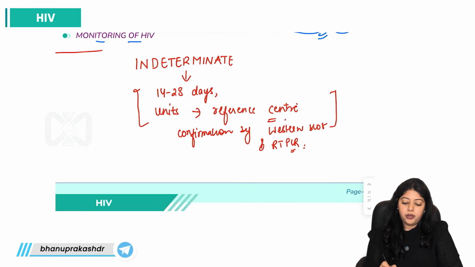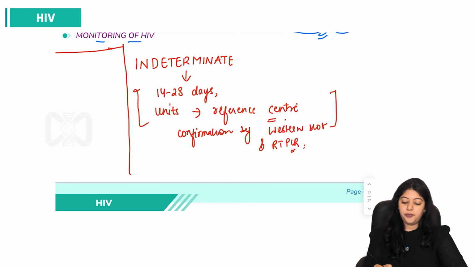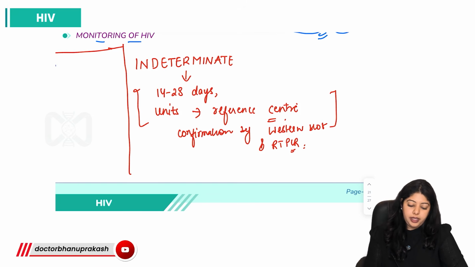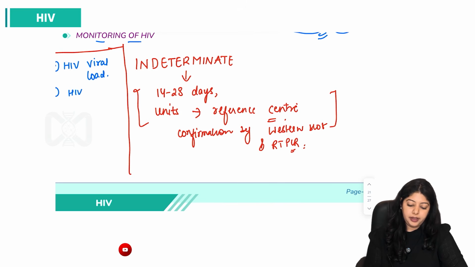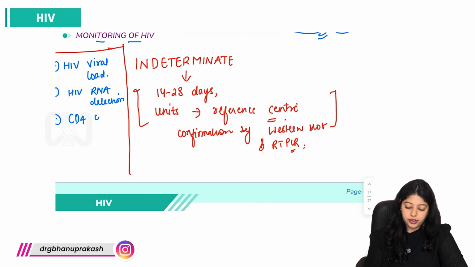And what else do we need to monitor along with doing all of these screening tests? One is going to be the HIV viral load, HIV RNA detection. Then CD4 counts need to be monitored.